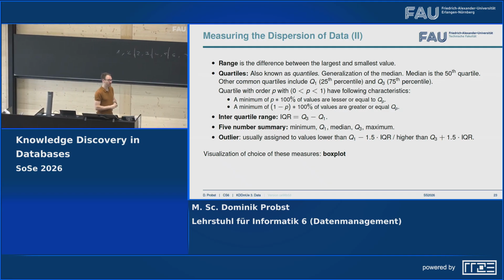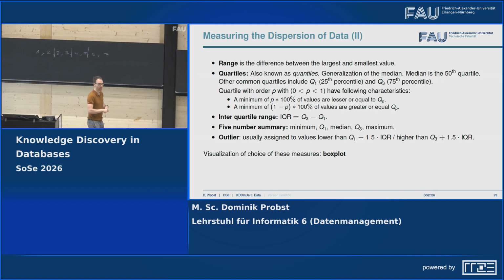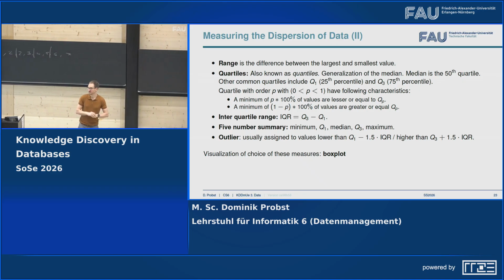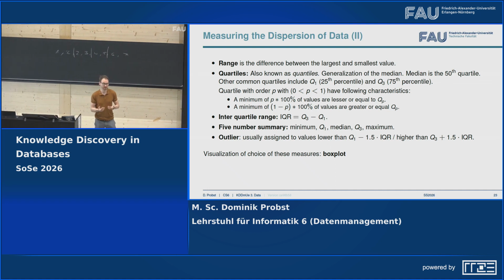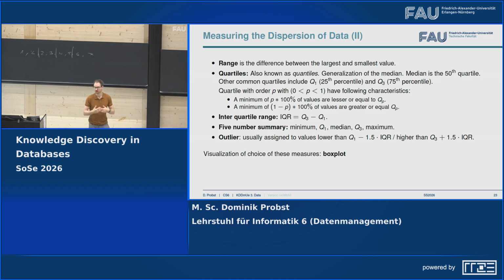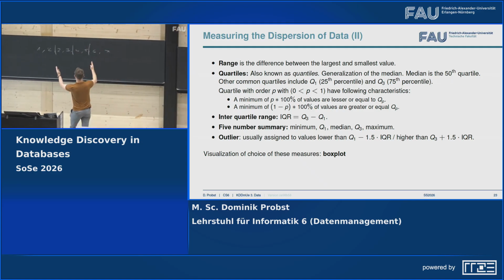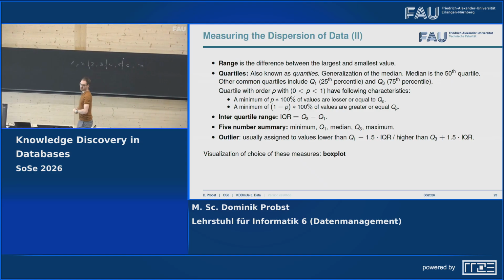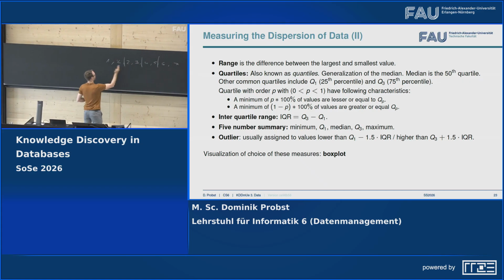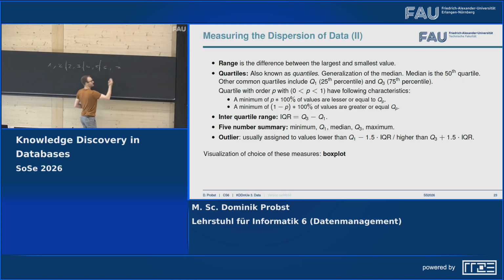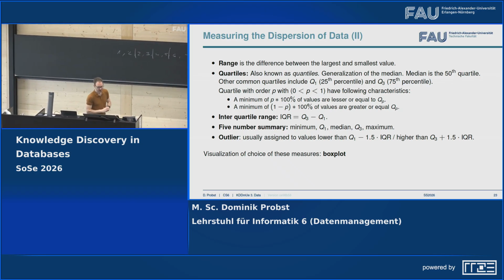Based on the quartiles, we can also define the so-called interquartile range. Interquartile range is something we will also discuss in the last chapter of the semester, outlier detection, because it's often used to define outliers. The most simple way to define outliers is to take a look at the interquartile range, and take a look at values that are above or below this range by a certain factor.